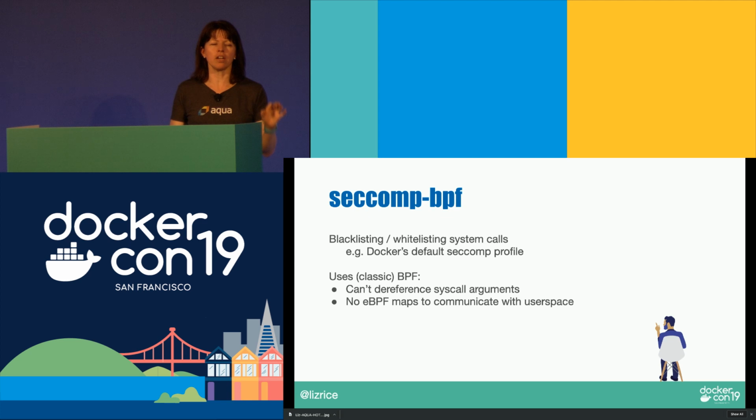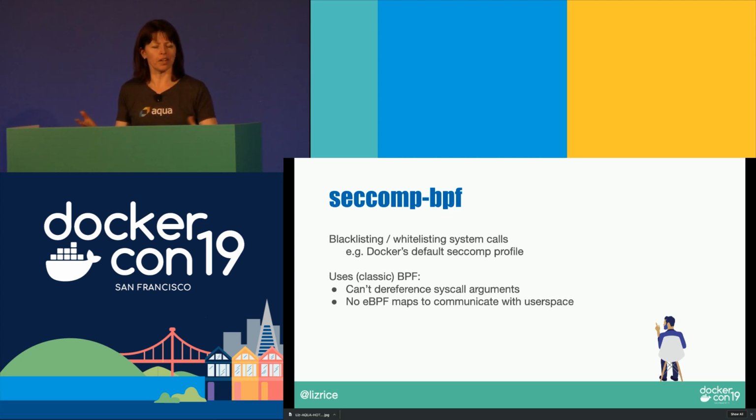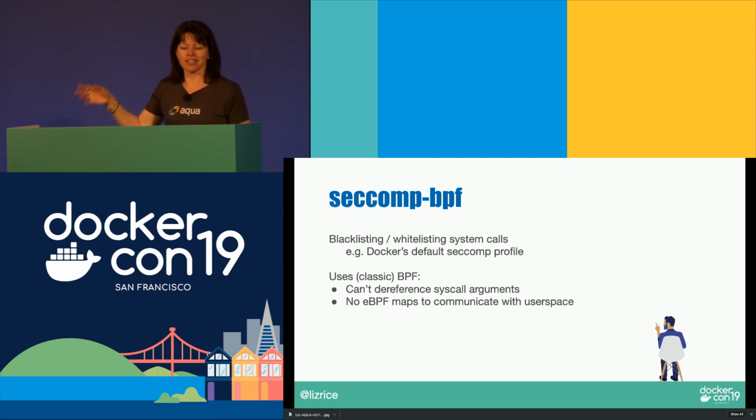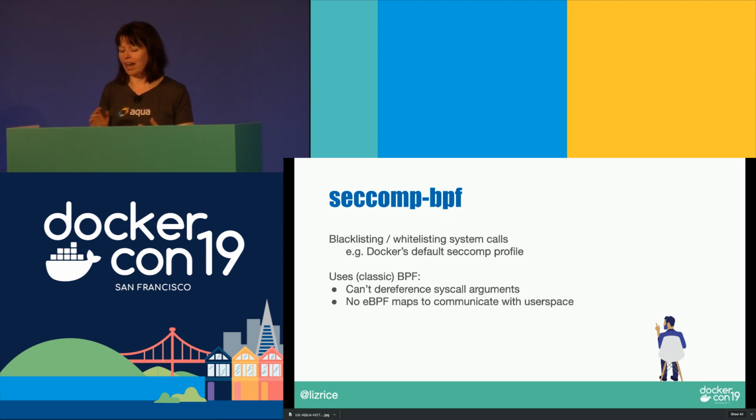And Docker, by default, applies a seccomp profile every time you run a container. It's a very good default seccomp profile. And seccomp is using classic BPF to make decisions about whether or not a particular system call is allowed or not.